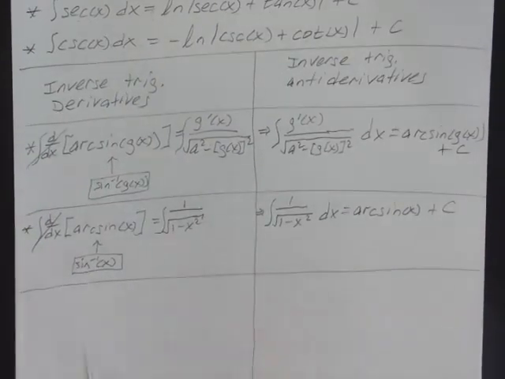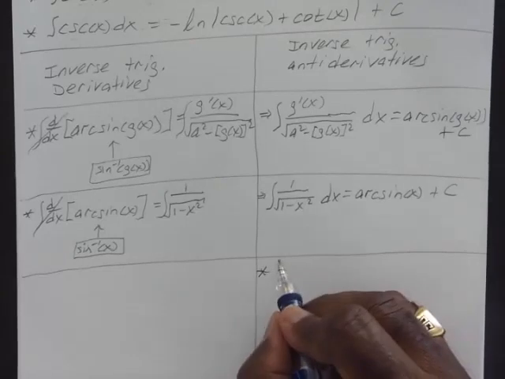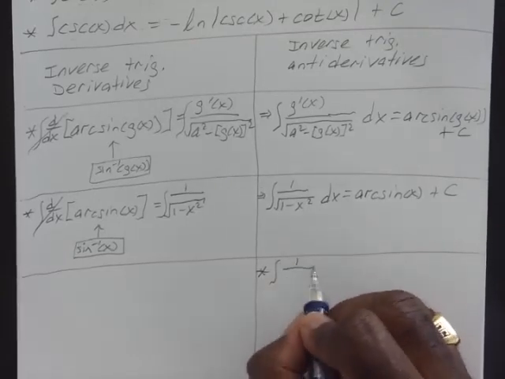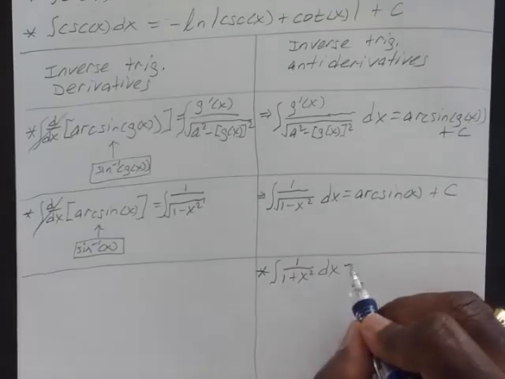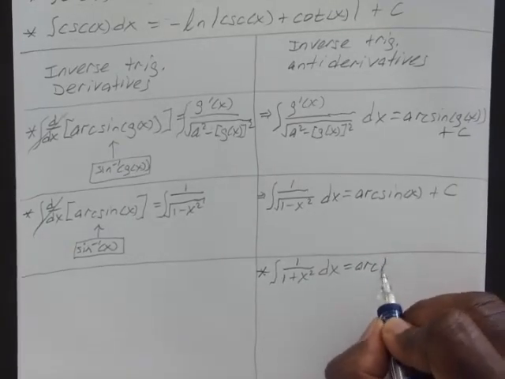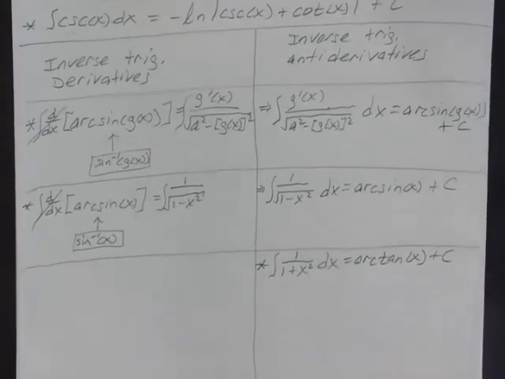Okay. And we won't go through all the derivatives and antiderivatives for the rest of them. We'll just write the antiderivative formulas for them. So we know the antiderivative of 1 over 1 plus x squared with respect to x is equal to arctangent of x plus c.